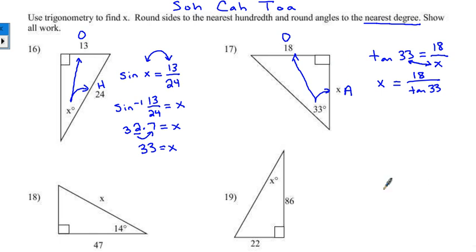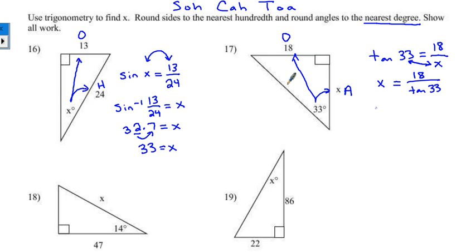So let's go ahead and try this. So it's going to be 18 divided by 33 tangent equals. You got to make sure you hit the equals button, guys. Don't forget about that.